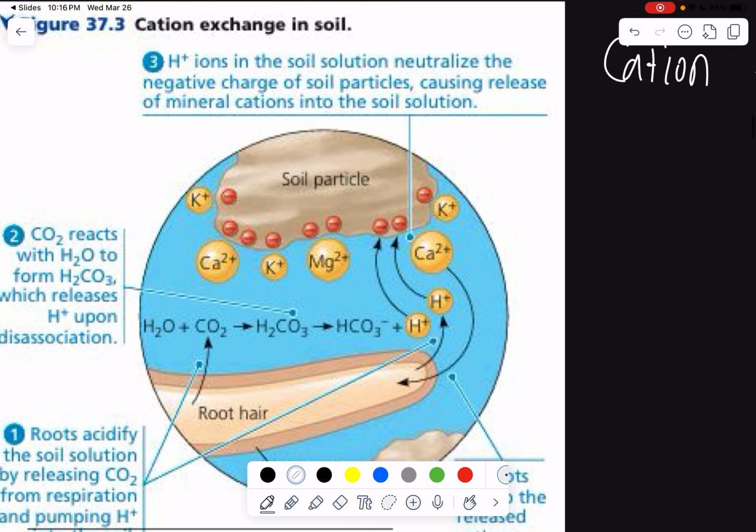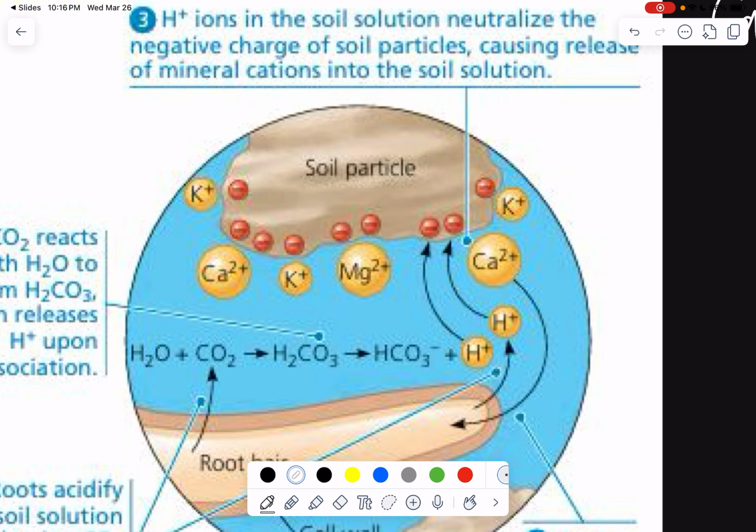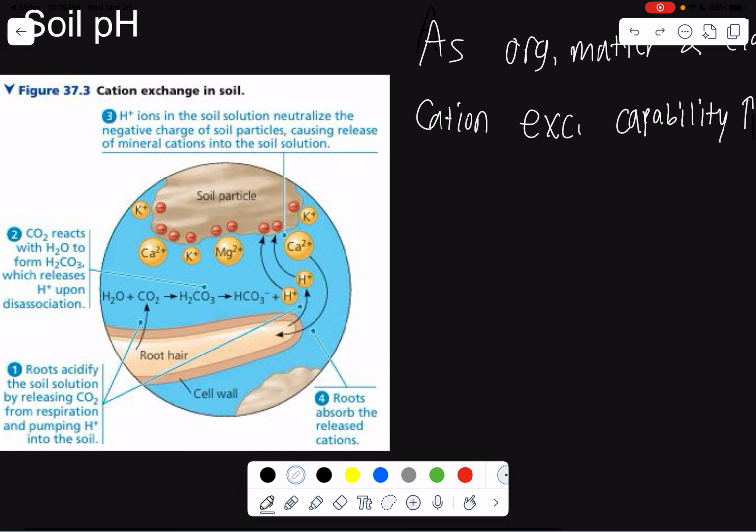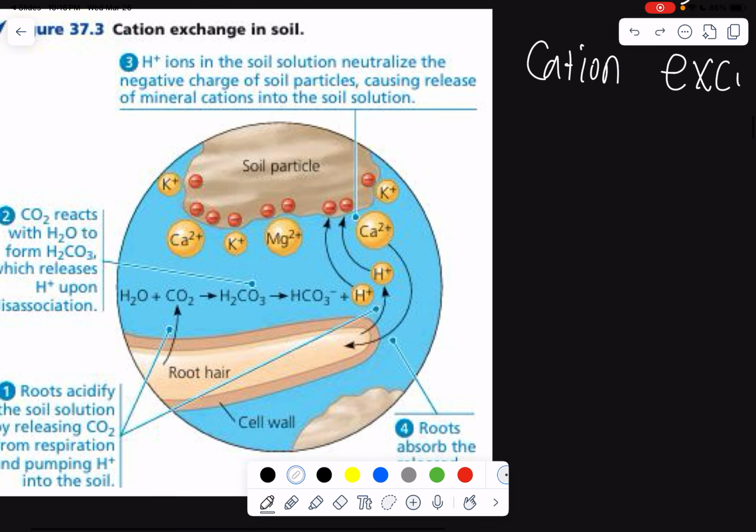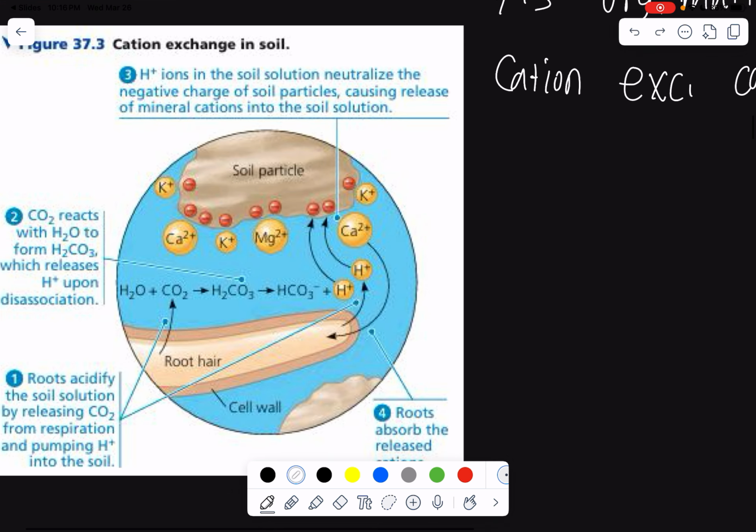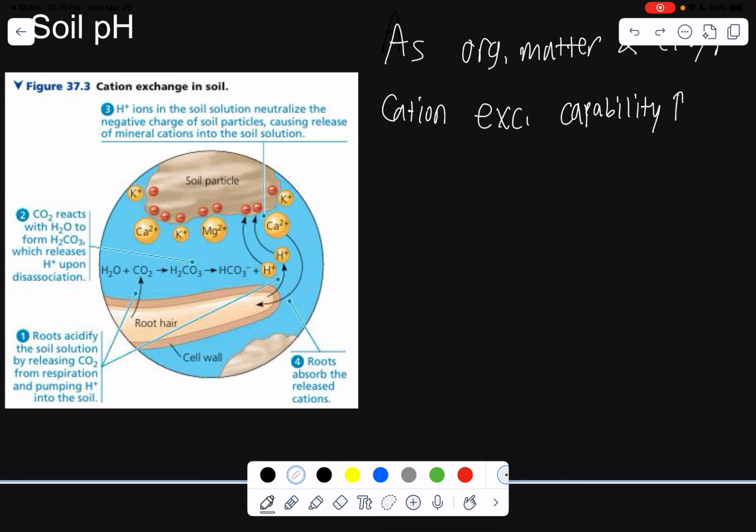You can see here in the soil particle that there are a lot of spaces, a lot of areas for these cations to bind to, and that's again because of the clay particle's high surface area to volume ratio. And thus, by the soil's pH, this will naturally cause a neutralization of the soil pH, I think. But let's move on to more general soil pH.